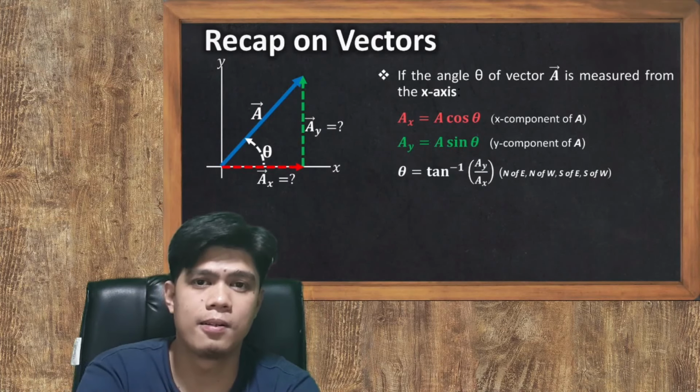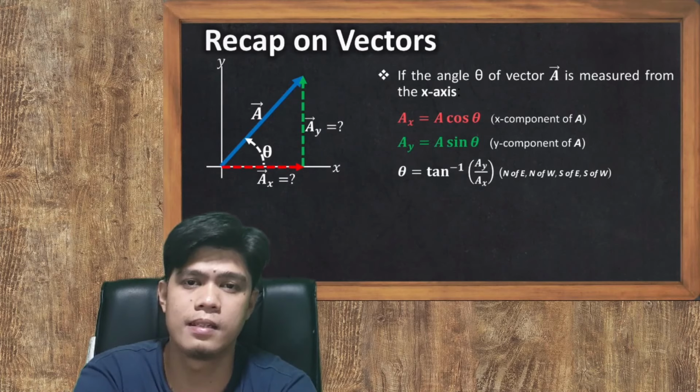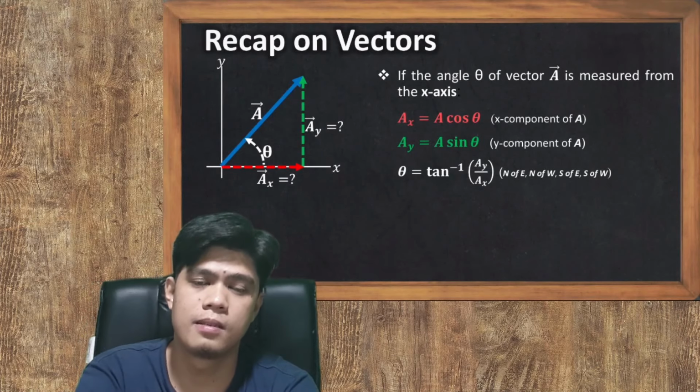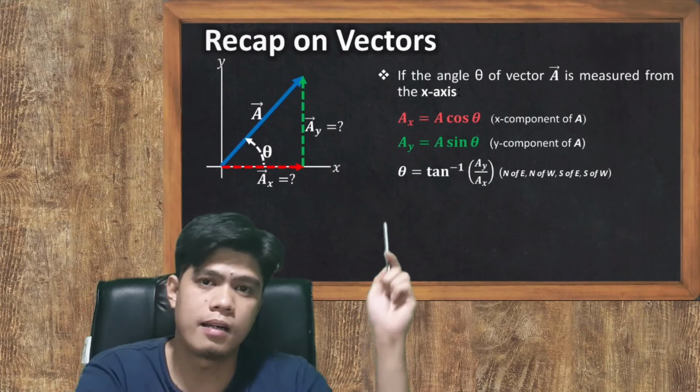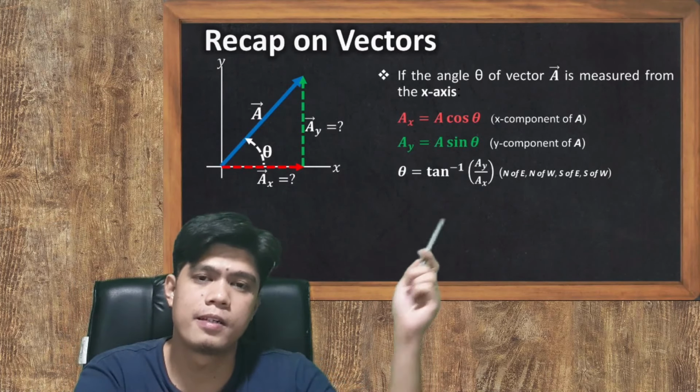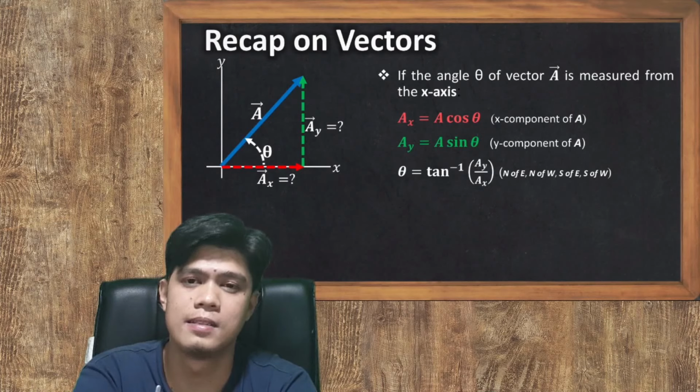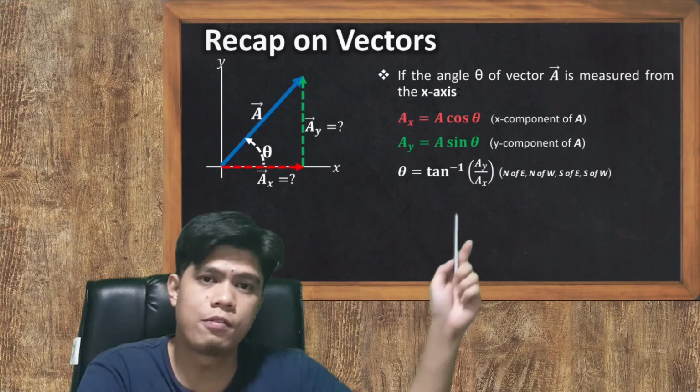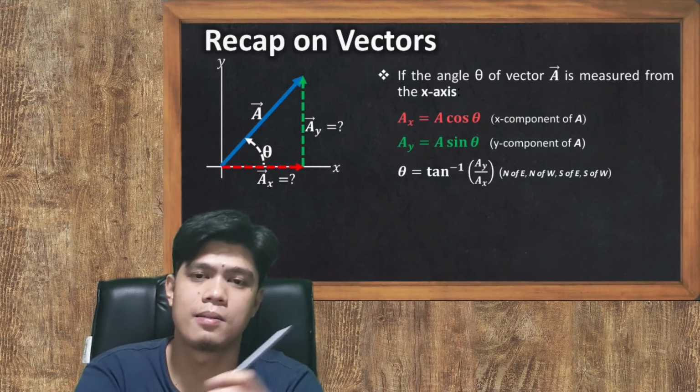Now to get the angle theta, given the values of AX and AY, we'll use the trigonometric function arctan of AY over AX. Since our angle is measured from the x-axis, there are only 4 ways to name our angle.